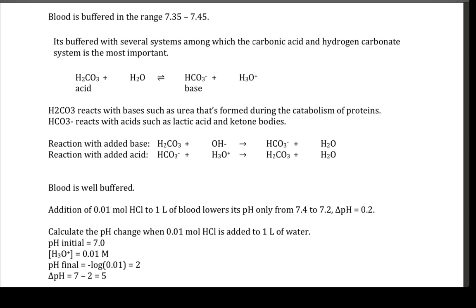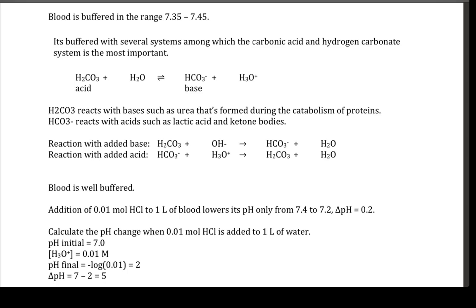Too much for the human body, but still not much in the grand scheme, because in this next problem we will calculate the pH change when 0.01 moles of HCl is added to 1 liter of water, and we'll see a much bigger change. So think about it. What is the initial pH of pure water? Hopefully you realize it would be 7.0.